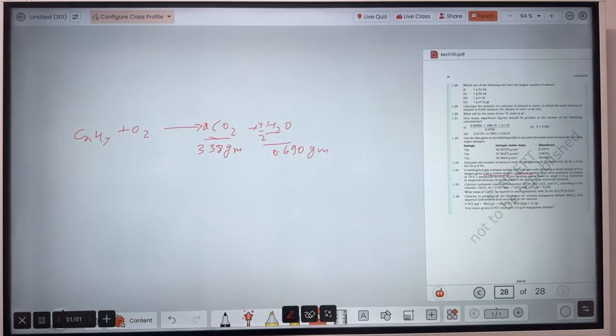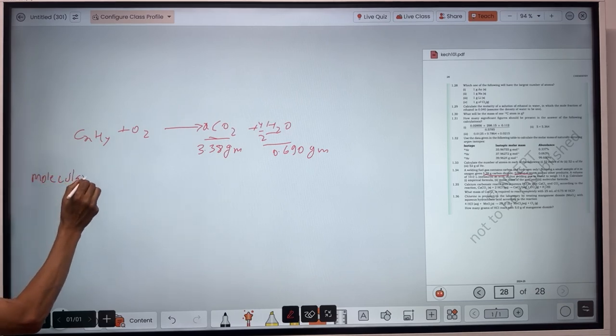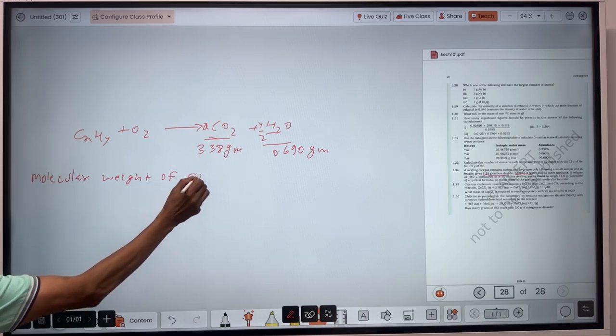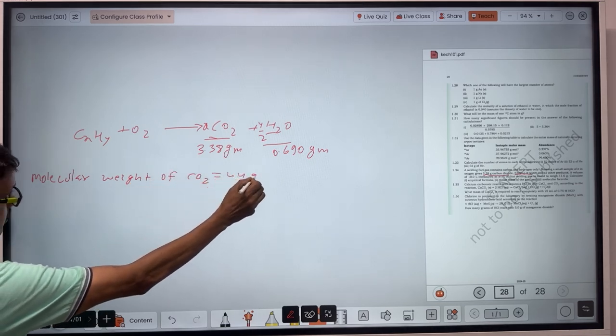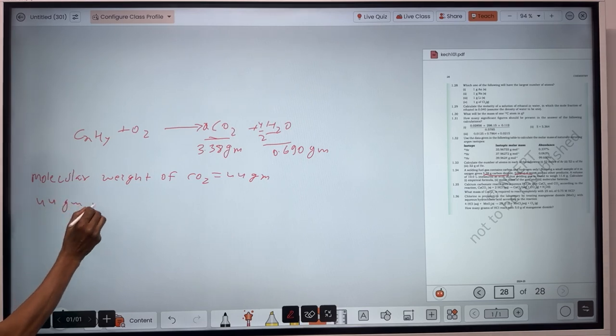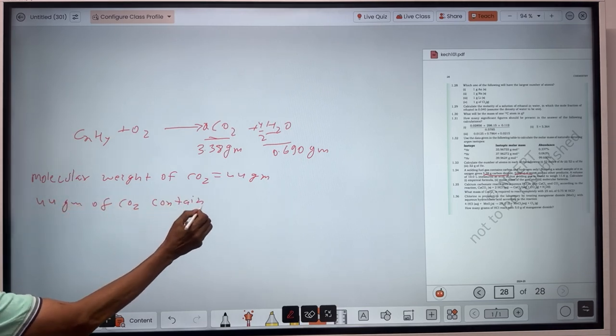So here 3.38 gram CO2 is there. Let's see, molecular weight of CO2 is 44 gram. That means 44 gram of CO2 contains how much carbon? 12 gram of carbon.